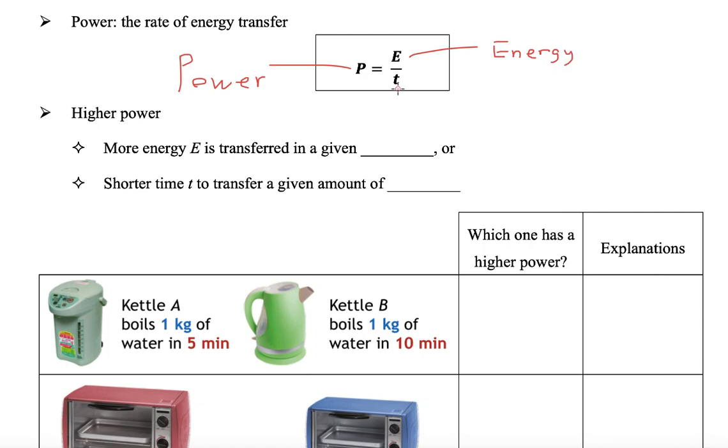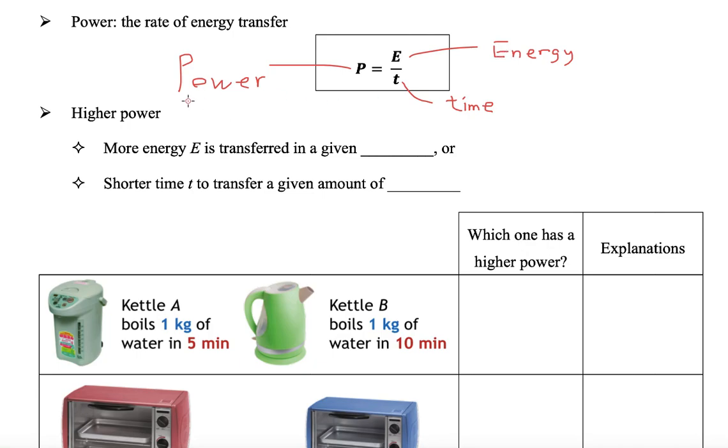Don't mix it up with the capital letter T. This small t is about time, but not temperature. And from my experience, some of you will always think that this t is temperature, but it's just time, because we're talking about the rate. So it's how much energy can be transferred within a period of time.